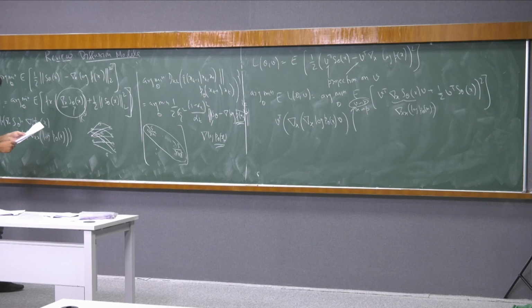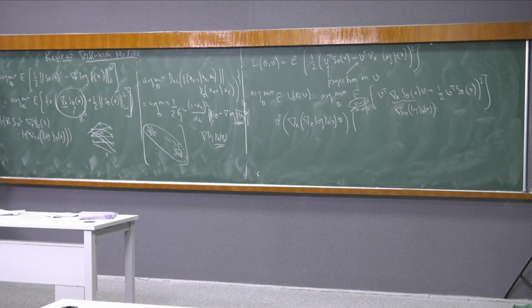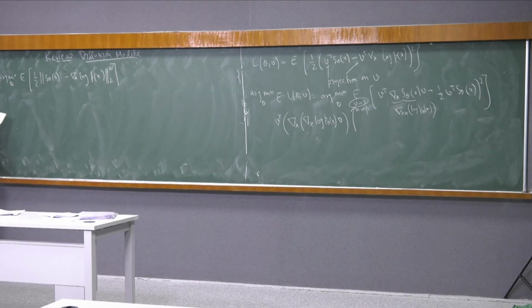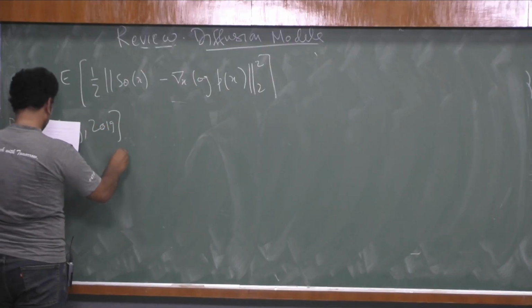Let me do this small proof of why the theta star we get from here is as good as this, and then I will stop. It's like a 5-line proof, I think. So let us try to do this. This is a proposition from the paper by Song et al., 2019.